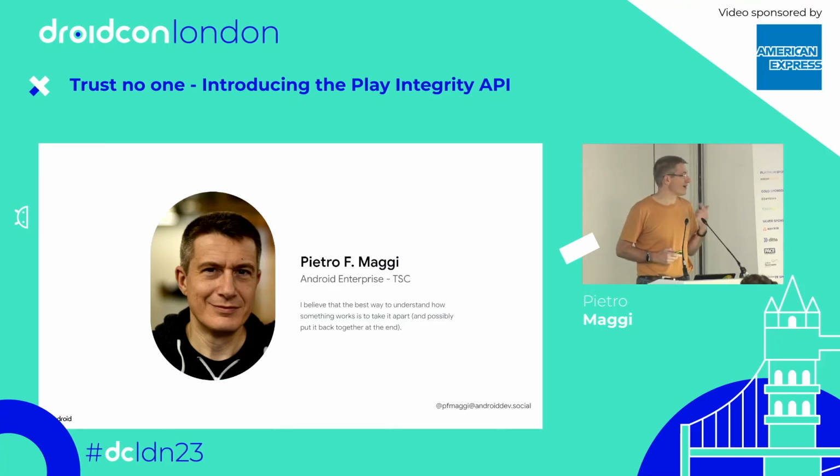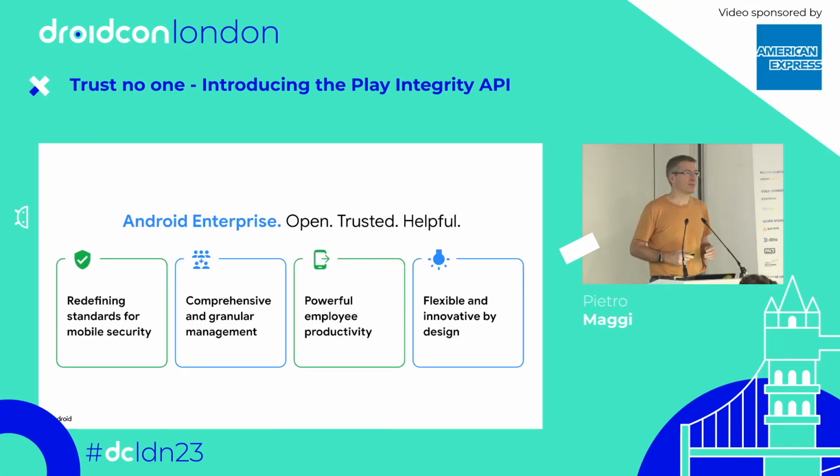And if you are asking yourself, what is Android Enterprise? It's not a different version of Android. It's simply a set of features that we have in Android, both in AOSP and part in GMS Core, that takes care of the security of the operating system. We have an API to manage the device, so if you need to set up multiple devices, this is very handy.